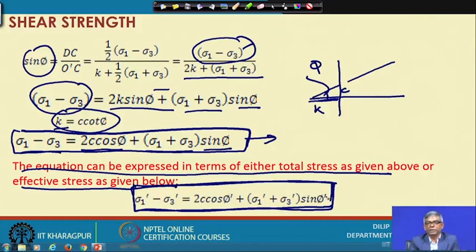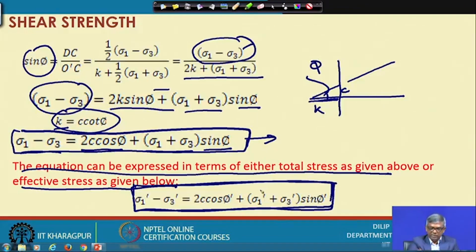As I have mentioned in the beginning, there are a number of field and laboratory tests available. In the test we apply a certain amount of normal stress, and then we shear the soil, and at the time of shearing we can find out the stress. Based on those values we have to find out the shear strength parameters C and phi.